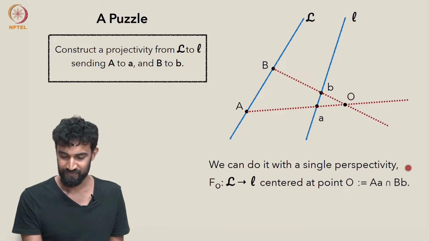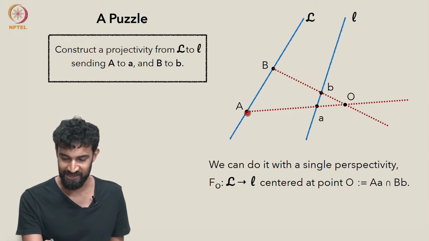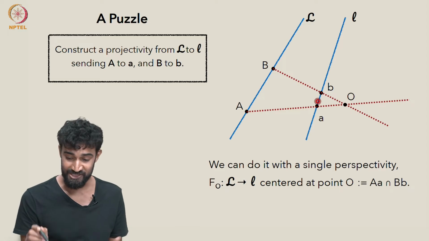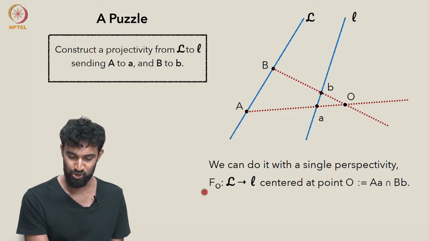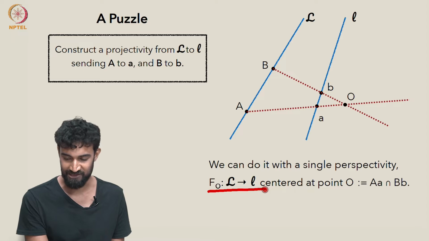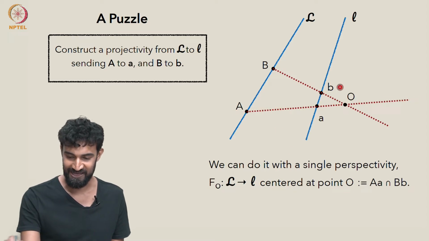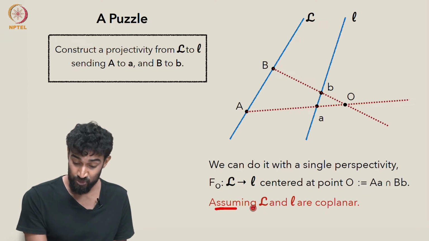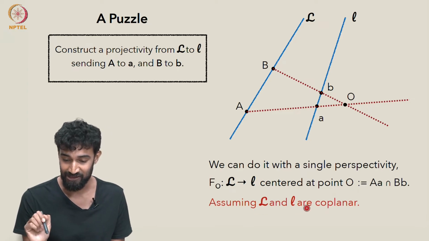Well, it'll send capital A to little a, and it'll send capital B to little b. So we can do this with a single perspectivity, which we'll call F_O from L to l, centered at the point Aa intersect Bb.